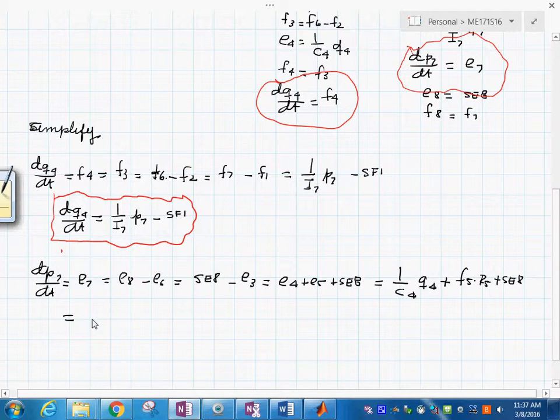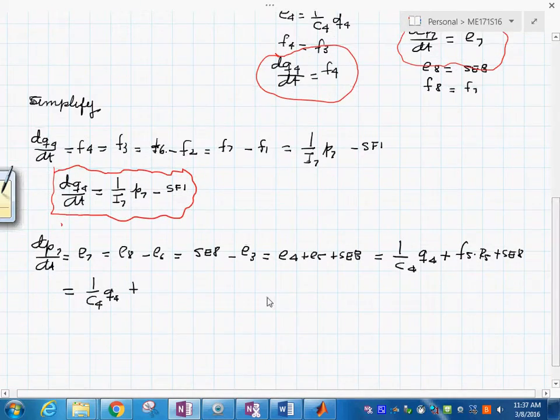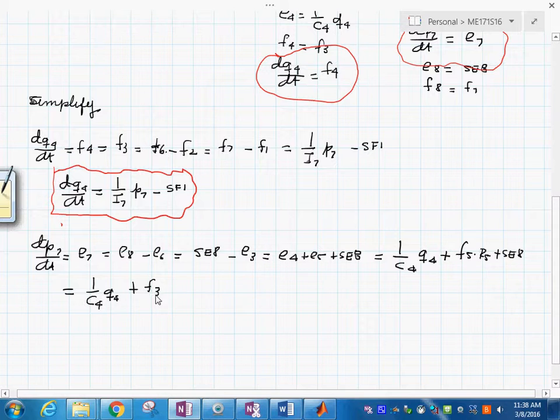F sub 3 is F6 minus F2, and what is F sub 6? It's F7 minus F1, and F7 is 1 over I sub 7 P sub 7 minus SF1, right? Yeah, because F1 is SF1, yes, and F7 is 1 over I7 P sub 7.